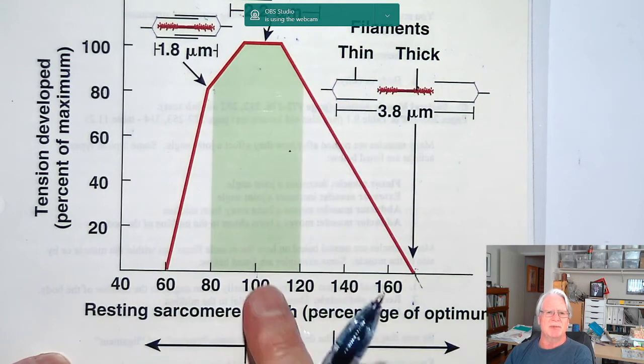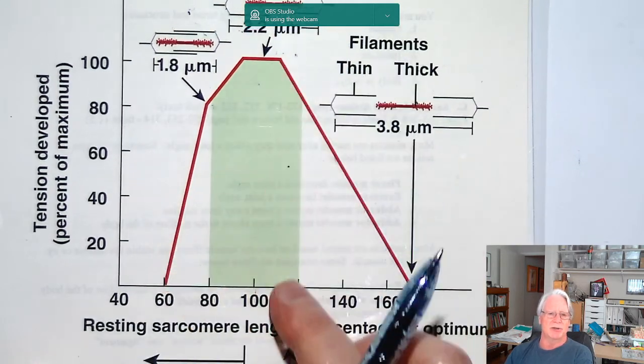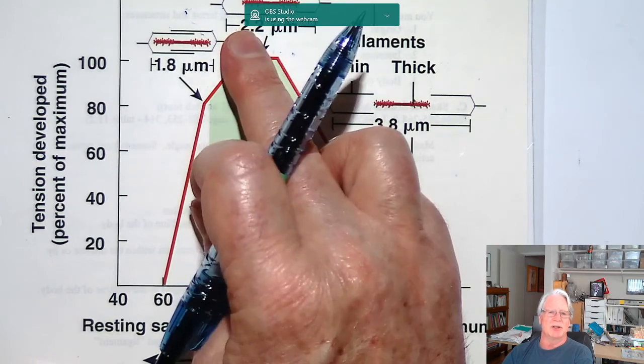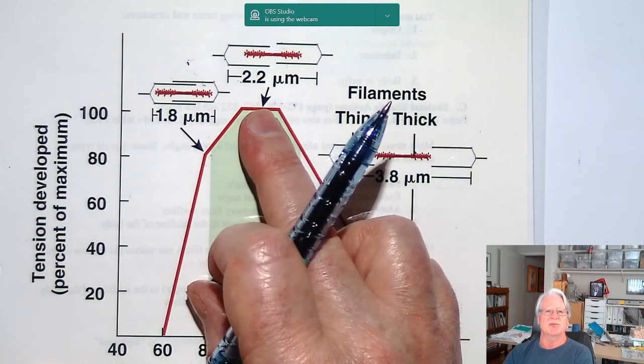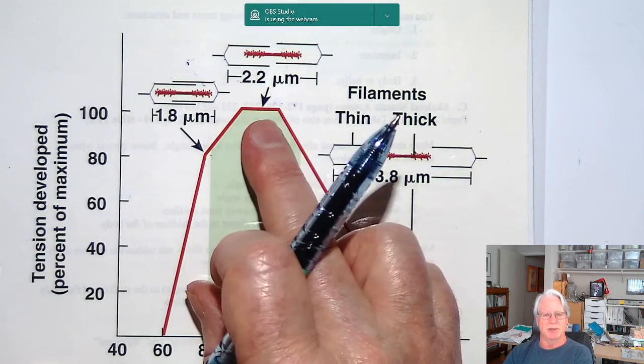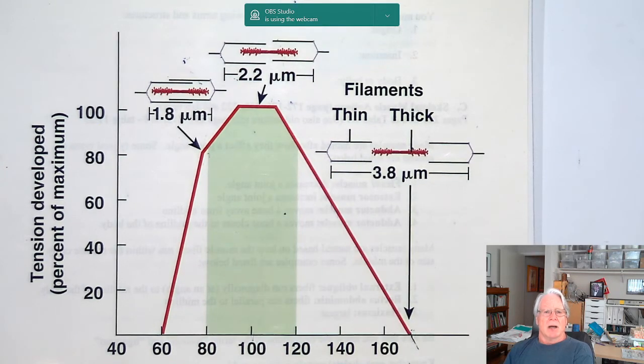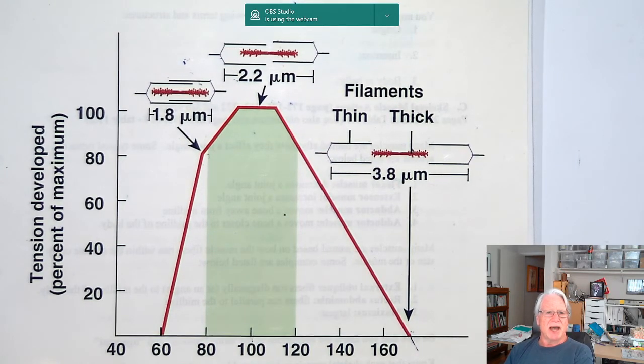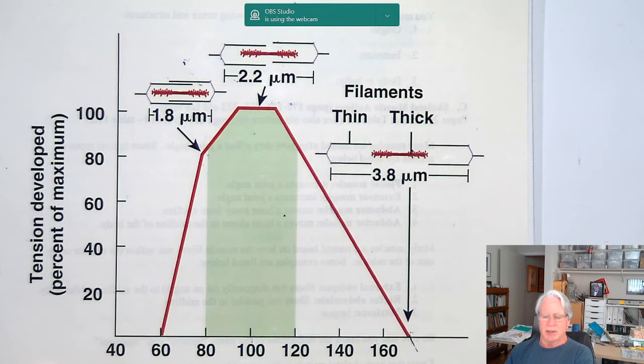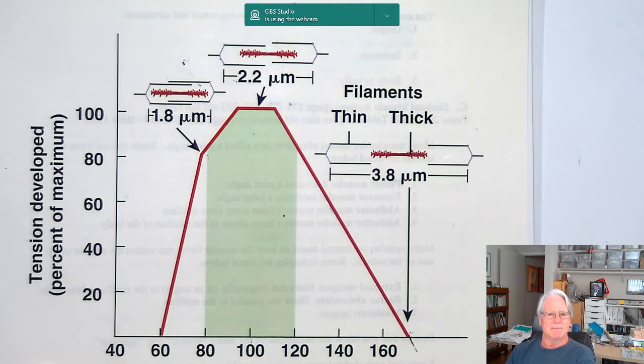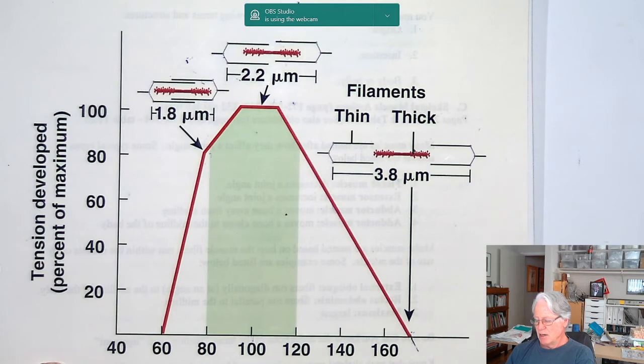So the optimum is in this range right here, where you're getting 100% of the cross bridges available being formed. Okay, so that's how the position of the sarcomere or the muscle determines the strength of the contraction.